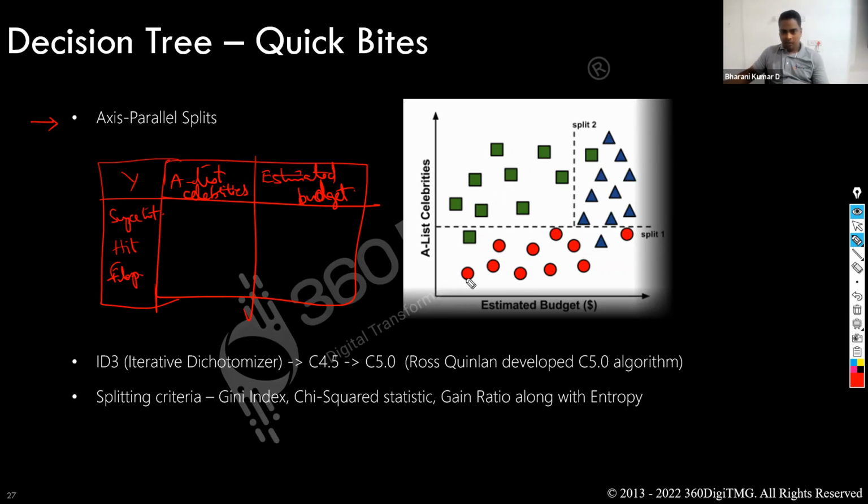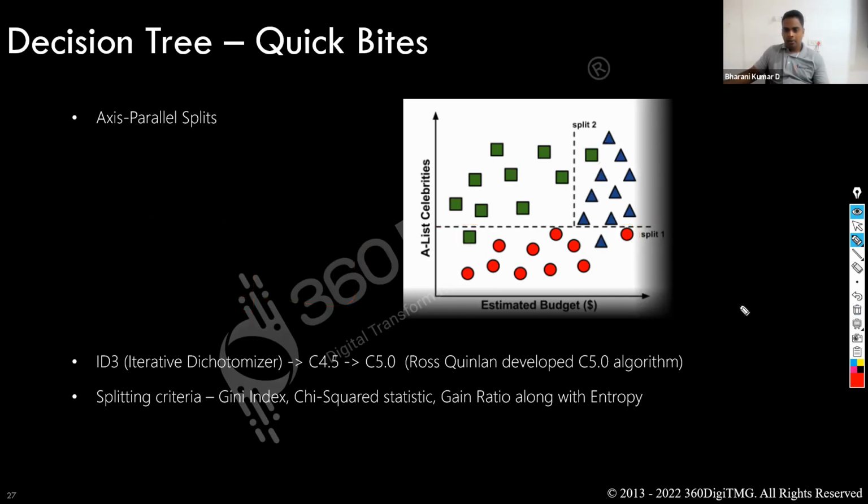These three classes. So what will happen is, to split the data, it will only be able to come up with the axis parallel splits. So when you want to use A-list celebrities, it will come up with a split like that. And if you use estimated budget, it will come up with a split like that. What does that mean? These values will be misclassified. Okay, these values will be misclassified.